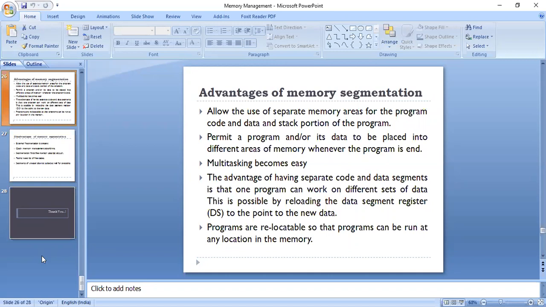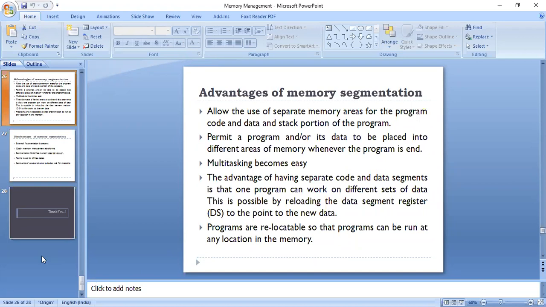Moreover, having separate code and data segments, one program can work on different sets of data. This is possible by reloading the data segment registers to point to new data. Additionally, we can add one protection bit associated with segments.